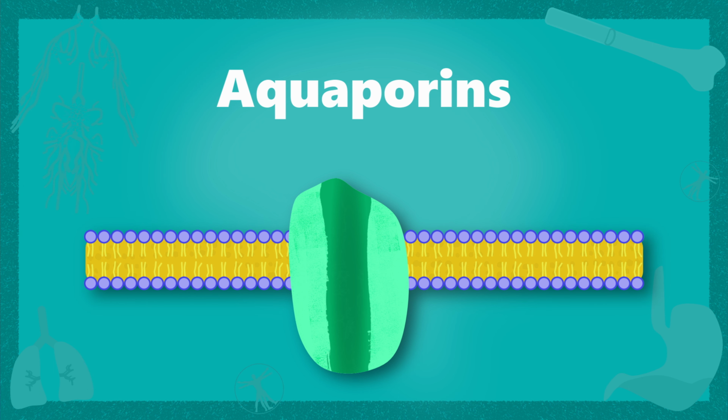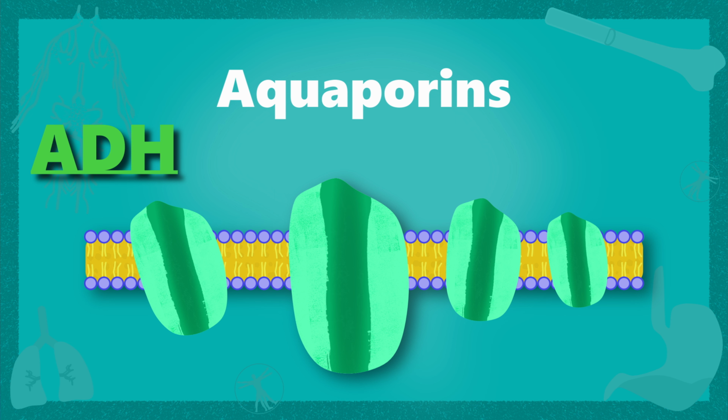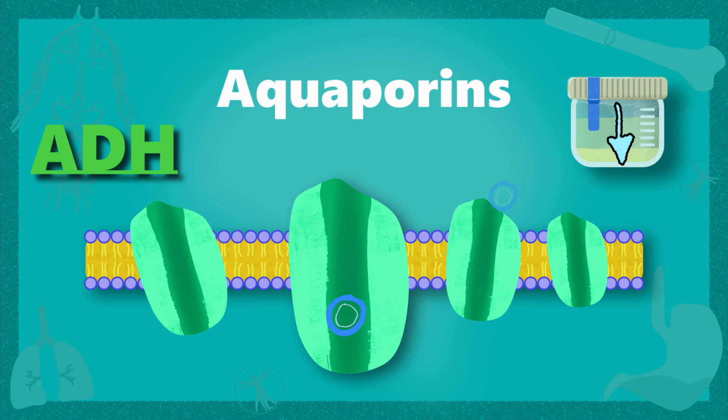Aquaporins are water channels located in the kidney tubules, and they allow water reabsorption back into circulation instead of becoming urine. ADH increases the amount of aquaporins in the kidney tubules, increases the amount of reabsorption, and decreases urine output.